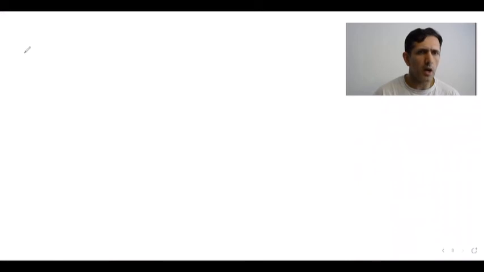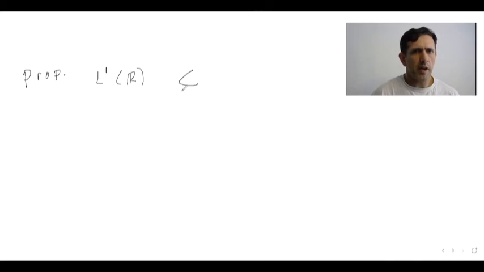Okay, so let's state a little proposition, which itself is a really beautiful application of the Hahn-Banach theorem. So just to keep things simple, I'll stick to the real line. In fact, we just proved L^1 is a subset of the dual of L infinity, but the dual of L infinity is larger.